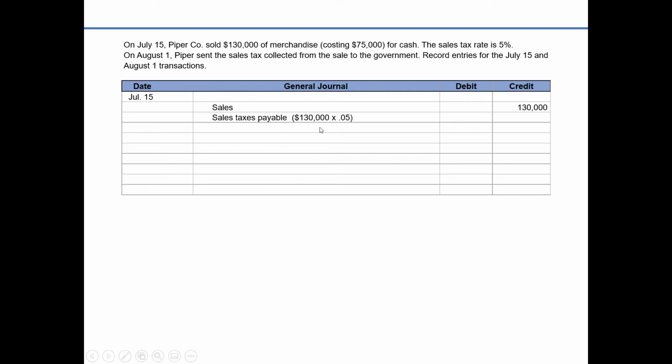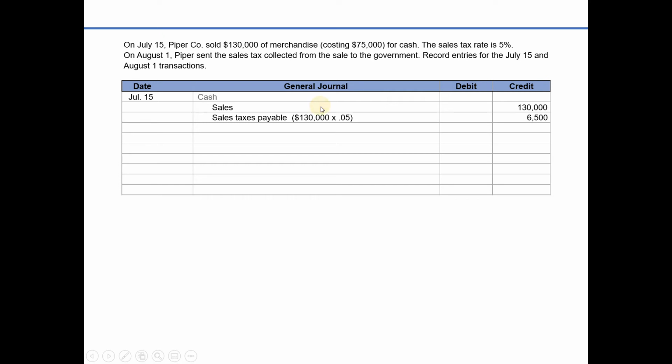How do we come up with the value that we credit it by, or the amount of sales tax we're going to charge? We take the total sales value of 130,000, multiply it times the sales tax rate of 5%, which you see here is 0.05. And so the total amount of sales tax that Piper is going to charge and collect, again, it hasn't earned, it's a liability, is going to be $6,500.